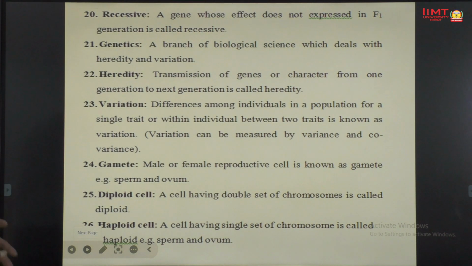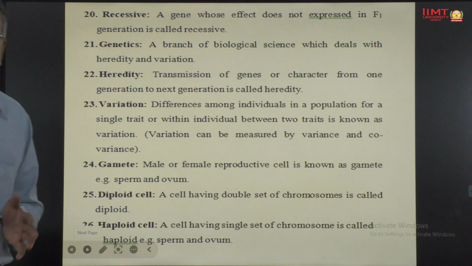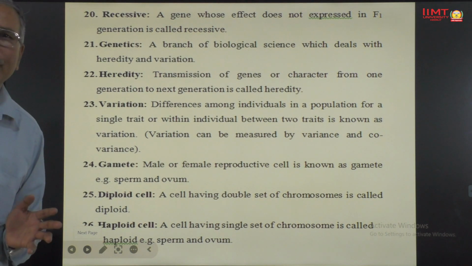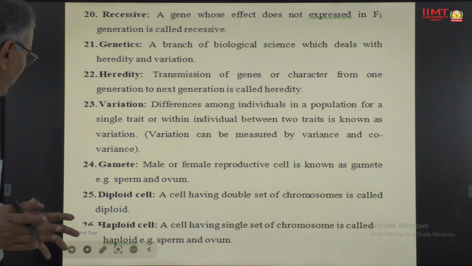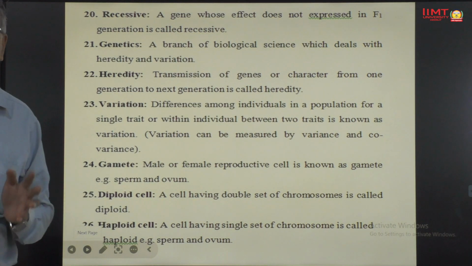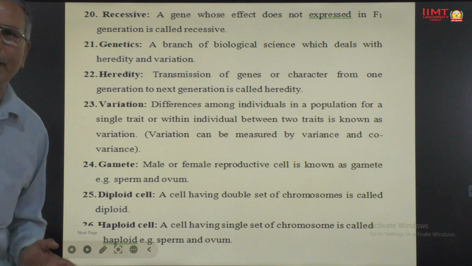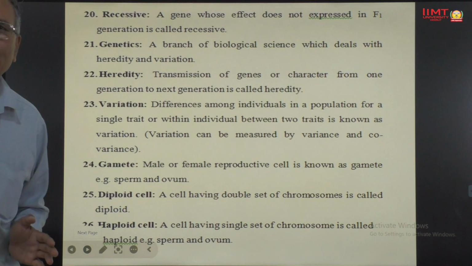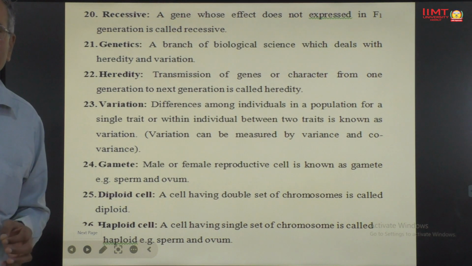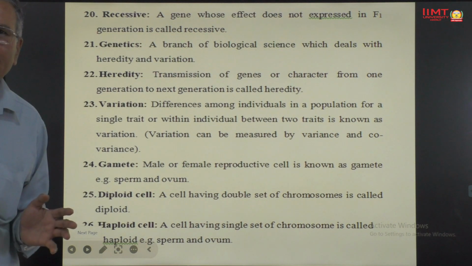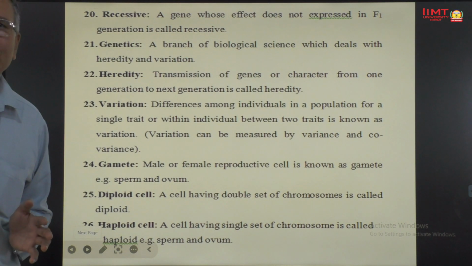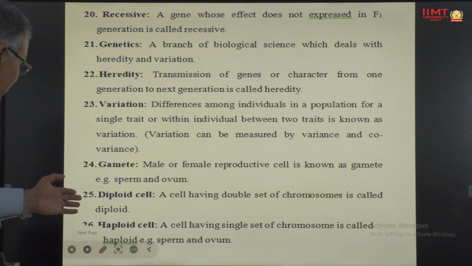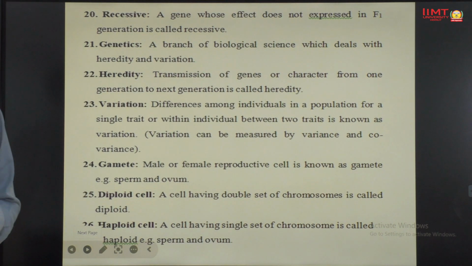What is a diploid cell? A cell having a double set of chromosomes is known as a diploid cell. Haploid cell. A cell having a single set of chromosomes is known as a haploid cell. For example, sperm and ova are haploid cells.